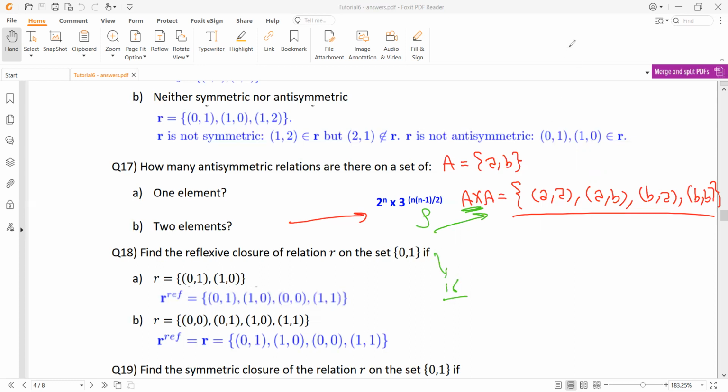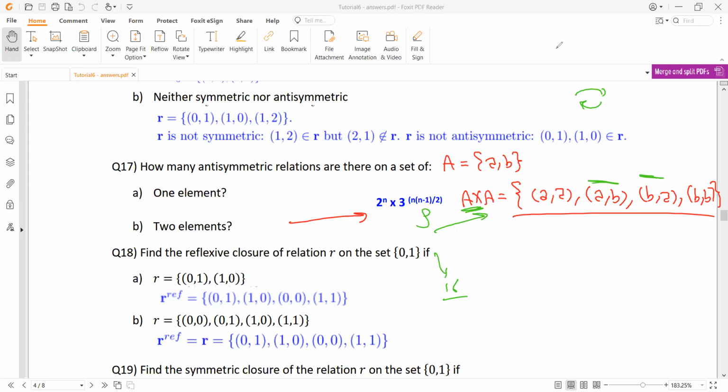But I don't want to have those 2 elements together, because if you have the one and its backward direction, the relation wouldn't be anti-symmetric anymore.